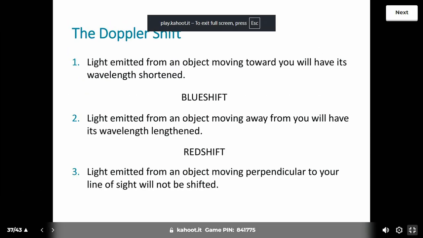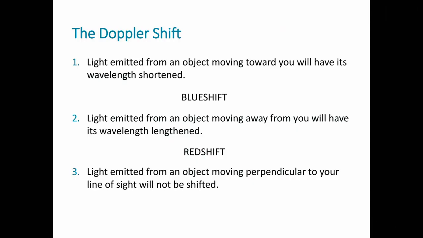And light, because it's also a wave, behaves similarly. So an object moving towards you, its spectrum will be blue shifted. So all those lines that you studied in the lab about hydrogen, and you said hydrogen has this very specific wavelength. Now if I take that hydrogen and I start moving it towards you or away from you, now those lines are going to be shifted.